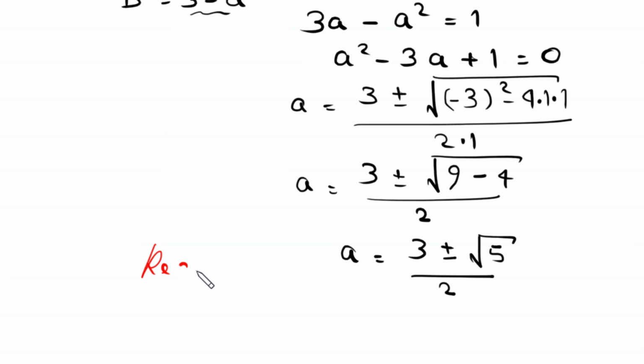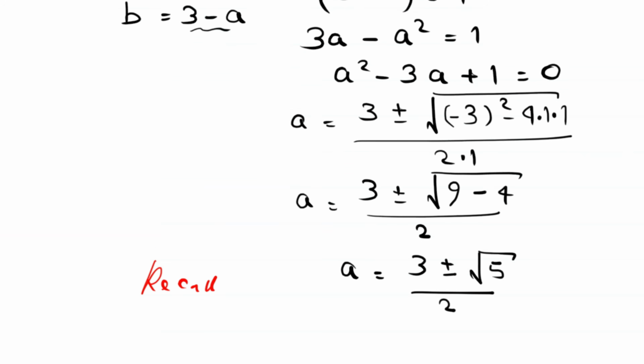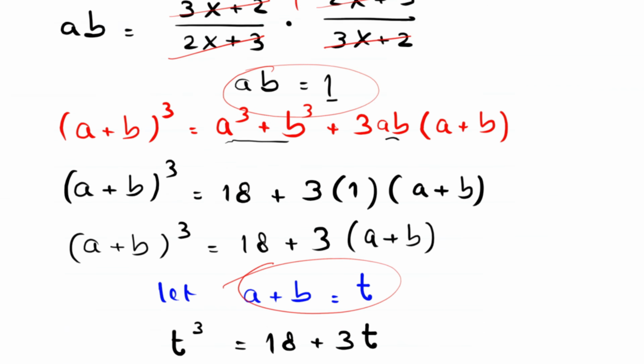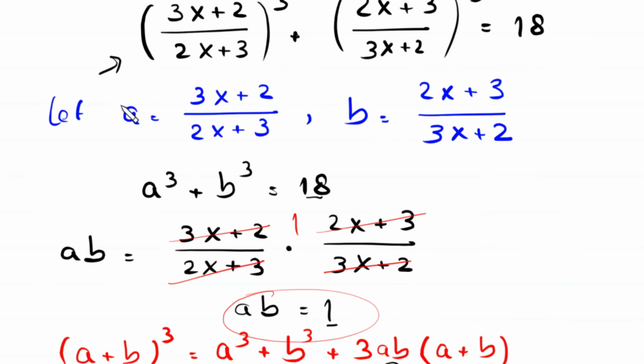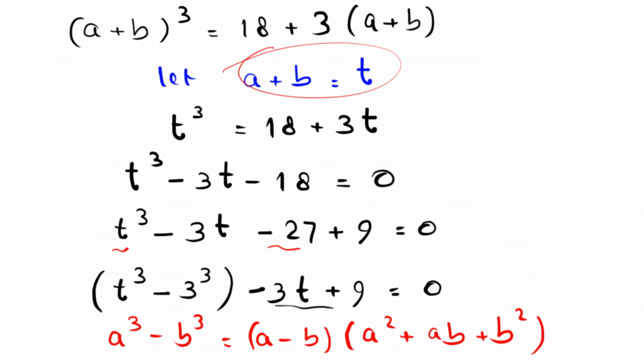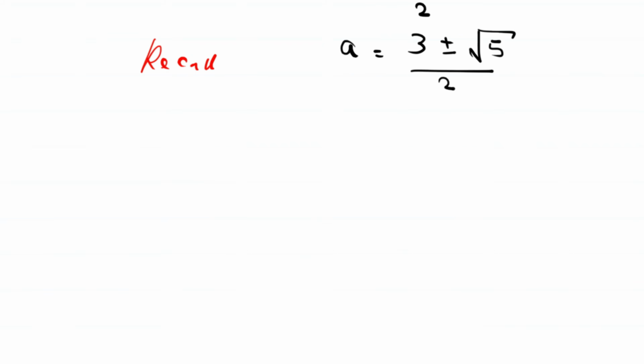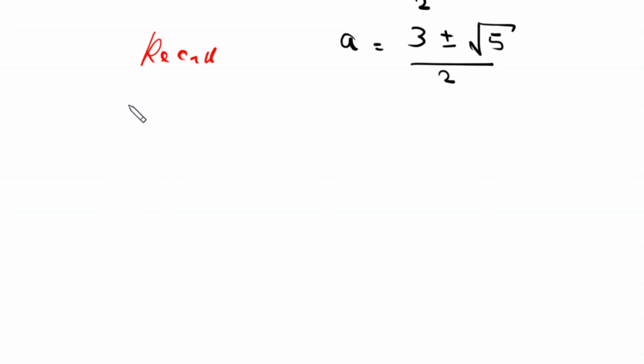Now recall that we have supposed that a is equal to 3x plus 2 over 2x plus 3. We have supposed that 3 times x plus 2 divided by 2x plus 3 equals a.